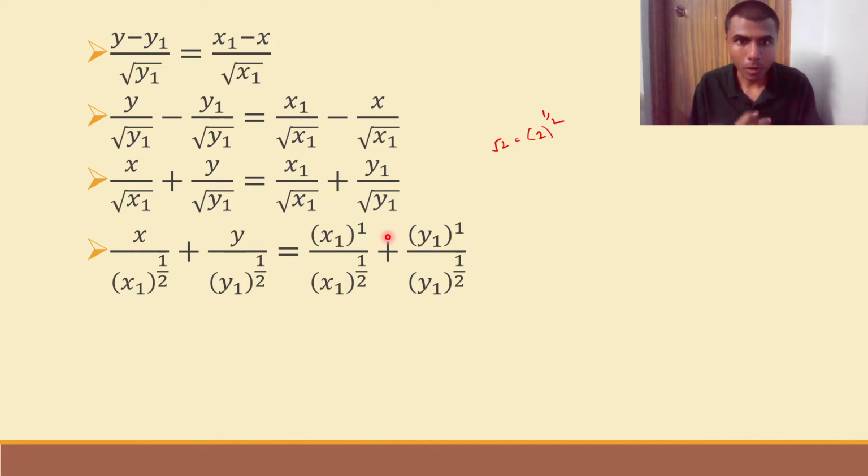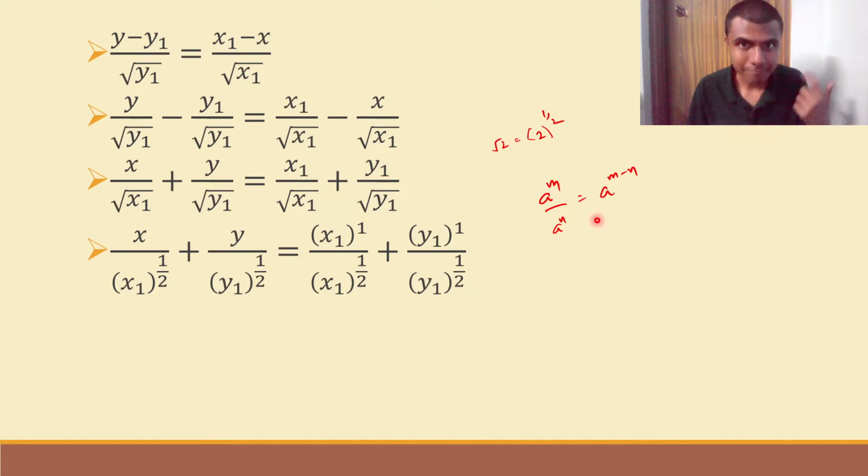Now listen to me carefully. Here we have x1 to the power 1 by x1 to the power 1 by 2, so this is of the form a power m by a power n. a power m by a power n is nothing but a power m minus n.